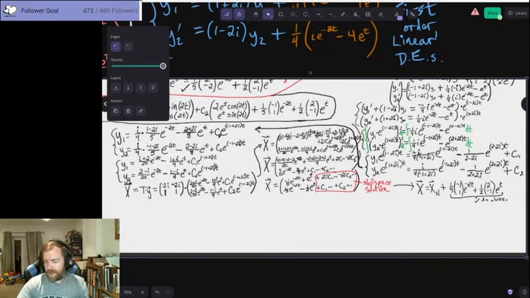Zach, do you have any comments on matrix diagonalization? Matrix diagonalization is really helpful, especially when you use eigenvalues. When you take e to a matrix, basically taking e to a matrix with something diagonal is extremely nice, and that's what makes this whole thing possible.